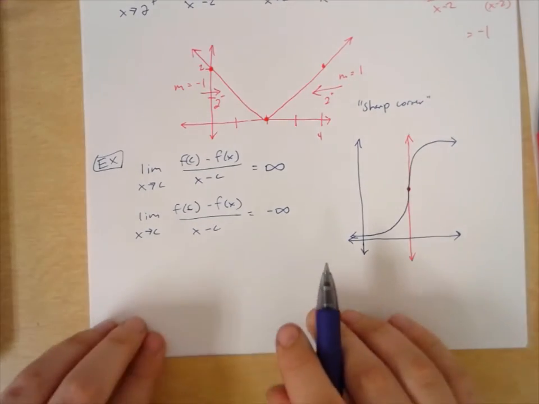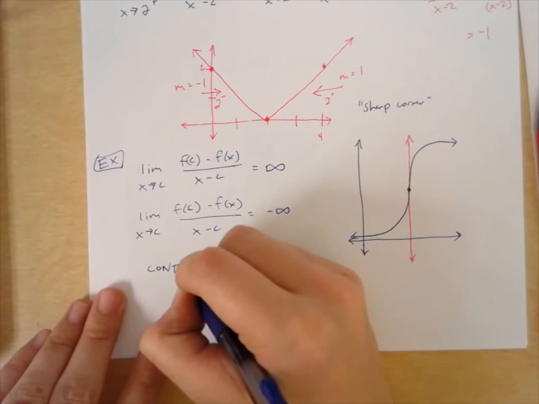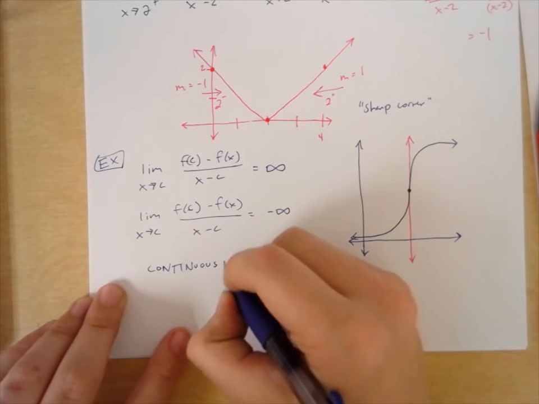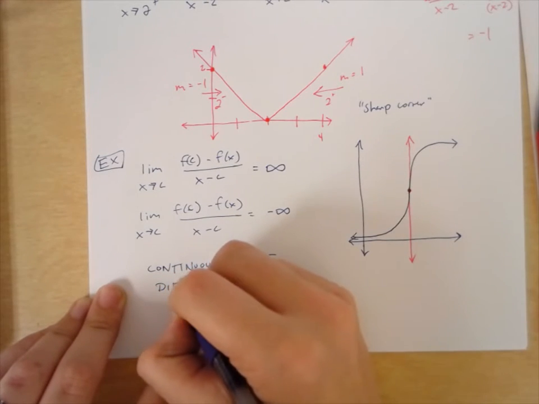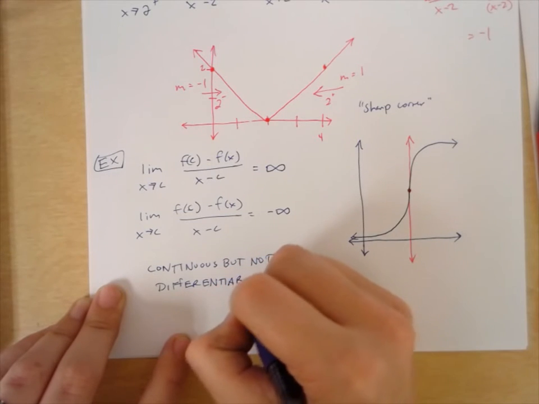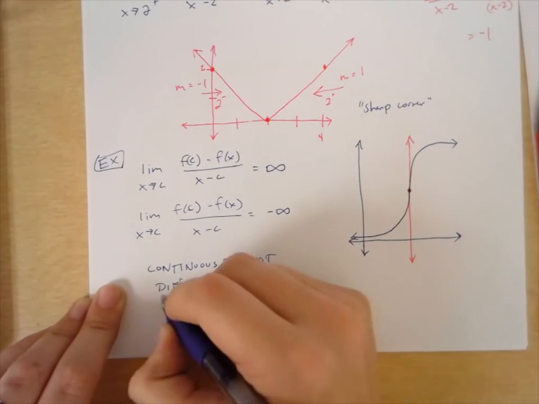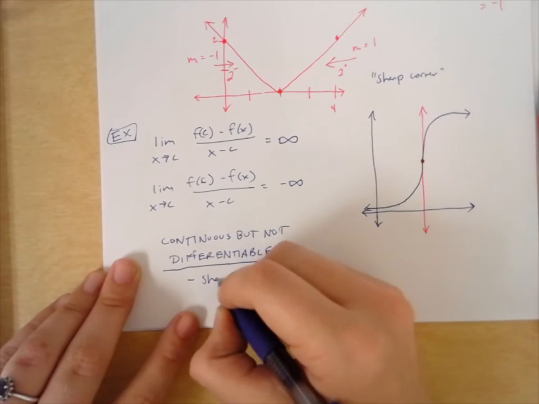So yeah, the key point I want you to take away is continuous but not differentiable. And we have 2 cases of that. We have sharp corner.